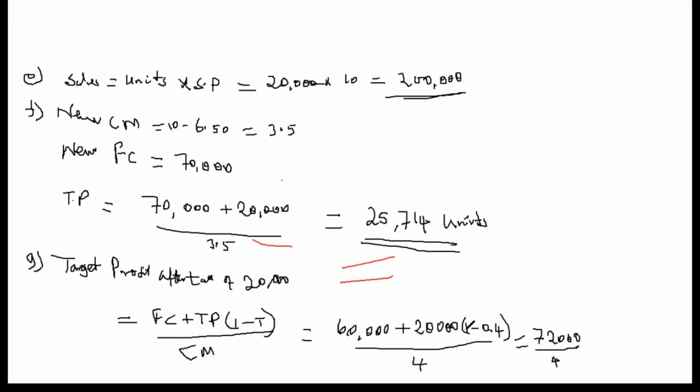Am I right? 20,000 times 0.6, 12,000 plus 60, 72,000 divided by 4. 18,000? Wait a minute. Yes, doctor, it's 18,000.